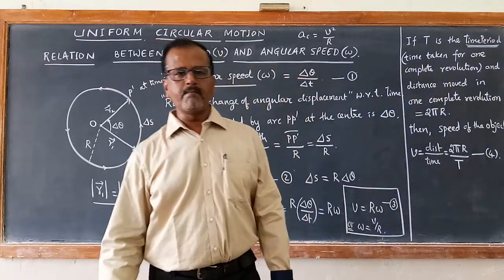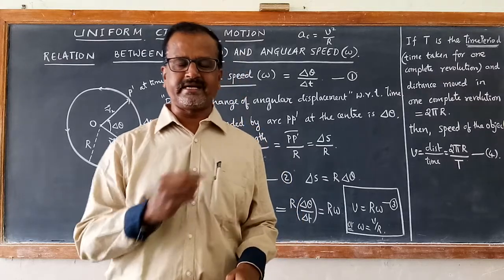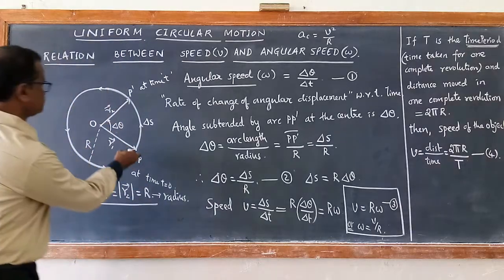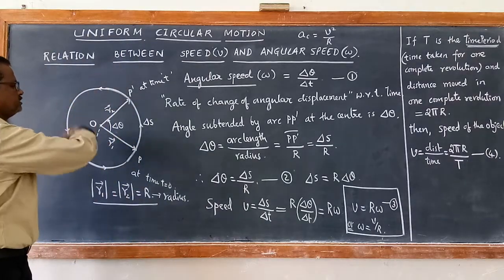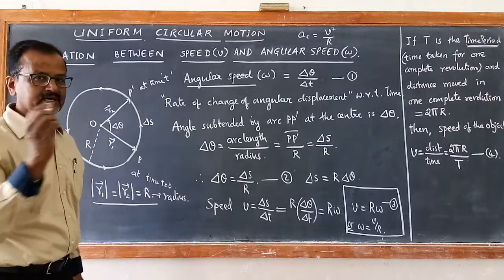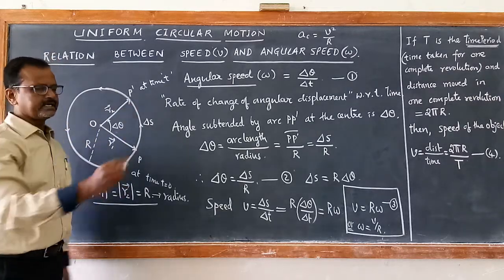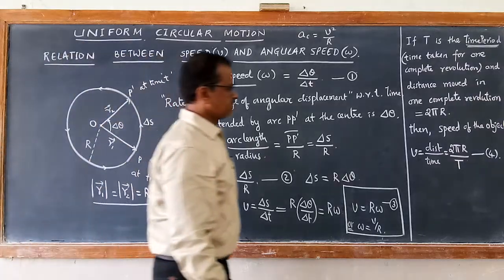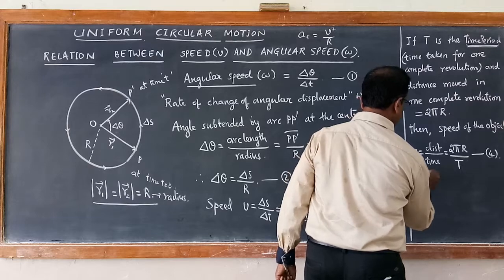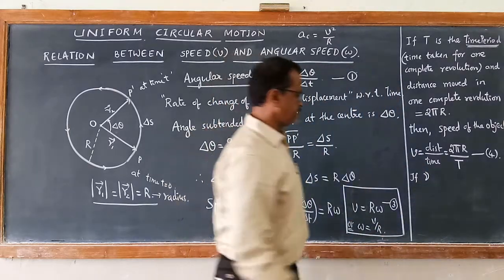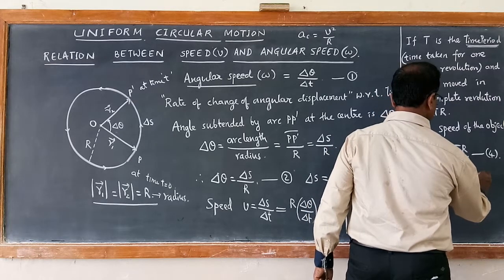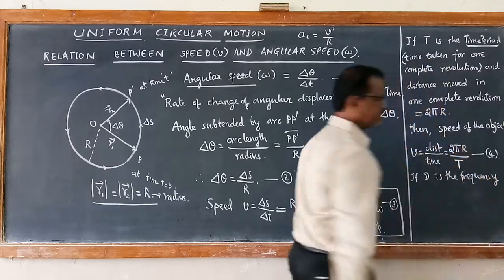You also know that number of revolutions taking per second is called as frequency. If the particle is continuously undergoing uniform circular motion, how many number of revolutions it takes per second? Number of revolutions per second is called as frequency. If nu is the frequency, what is frequency?